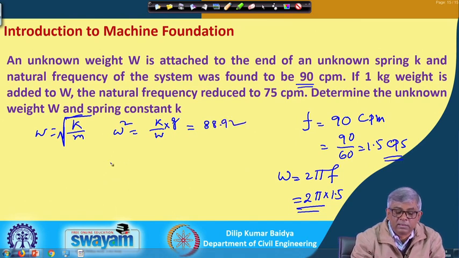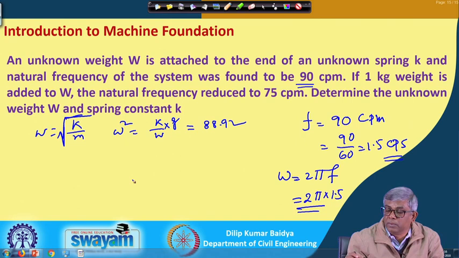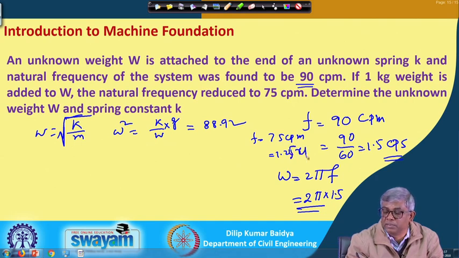In the other case, when f equals 75 cycles per minute, that will be equal to 1.25 CPS, and then omega will be equal to 2 pi multiplied by 1.25.